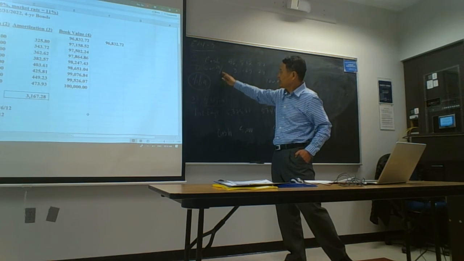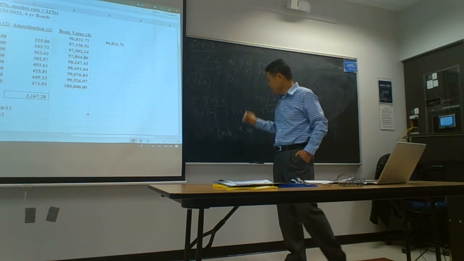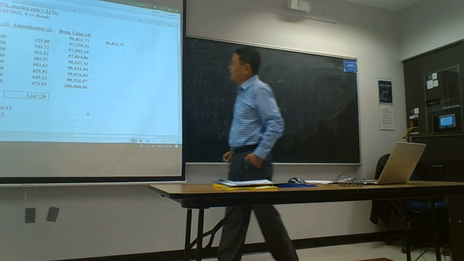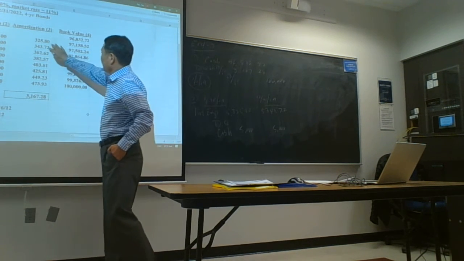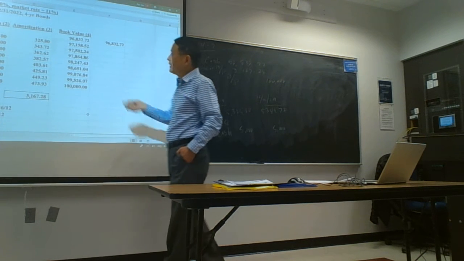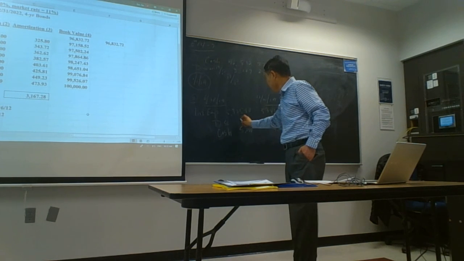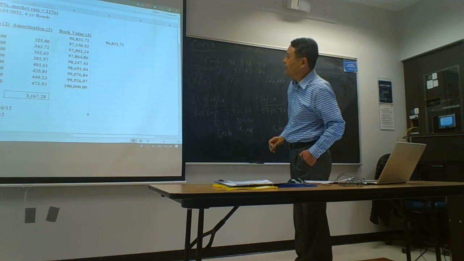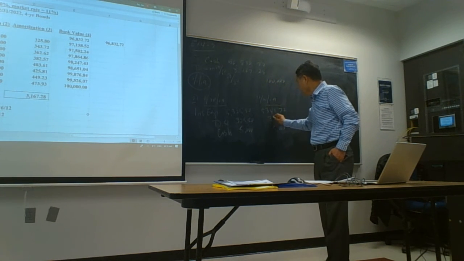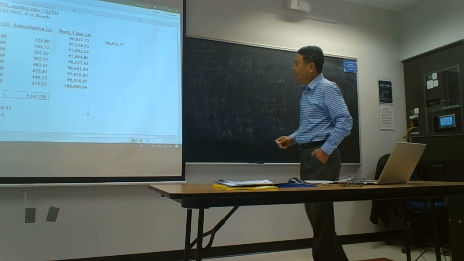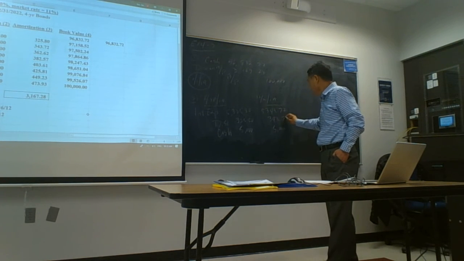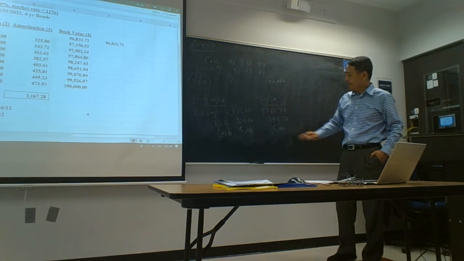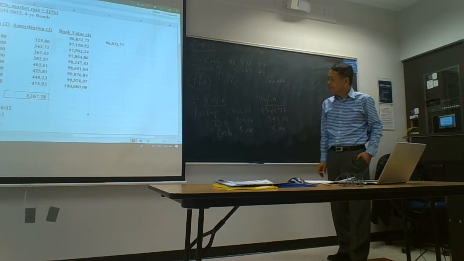This discount should be on credit. So discount 325.28 and 343.72. Okay, expense on debit and these two on credit.